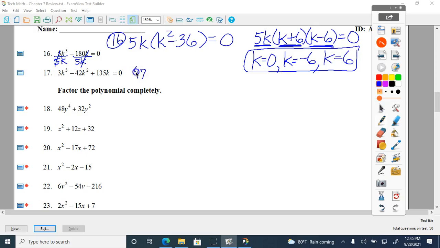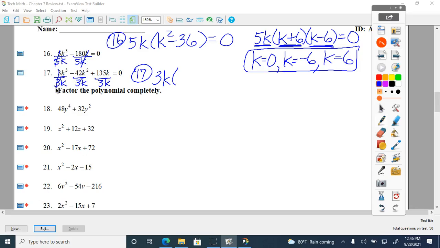17. What can we factor out? 3K. K to the third, K squared, and K. So what's the smallest variable? K. So take out 3K. If you divide all of them by 3K, what's left? 3's cancel.